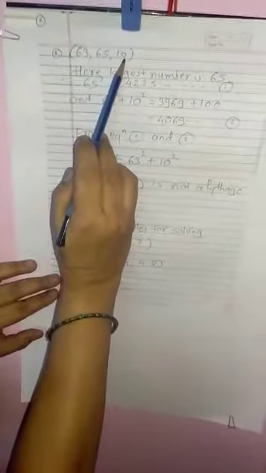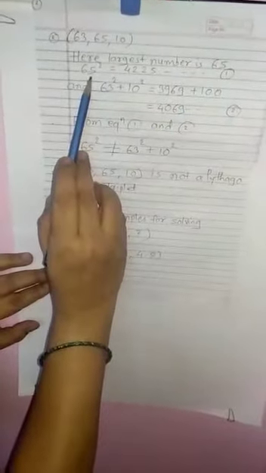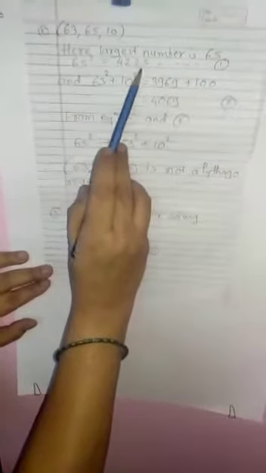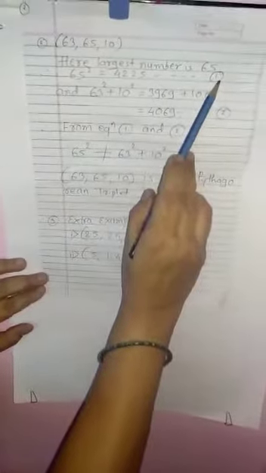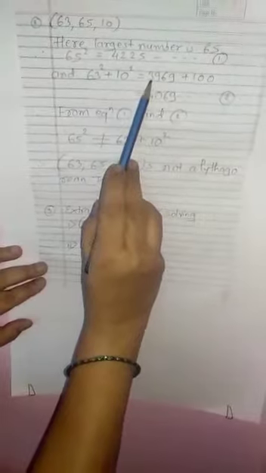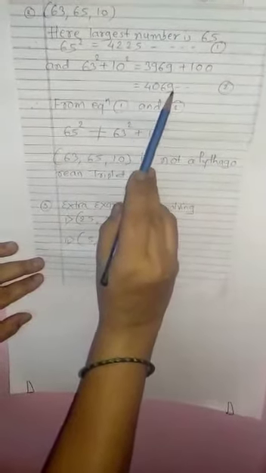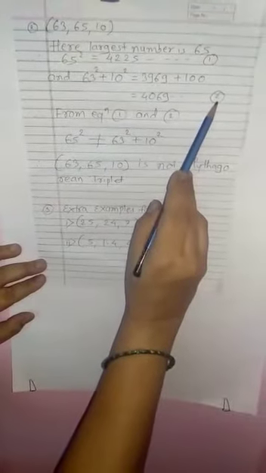Another example, 63, 65, 10. Here the largest number is 65. So square of 65 is 4225, labeled as equation number 1. And 63 square plus 10 square is equal to 3969 plus 100 is equal to 4069, equation number 2.